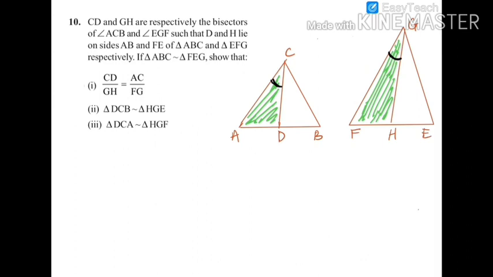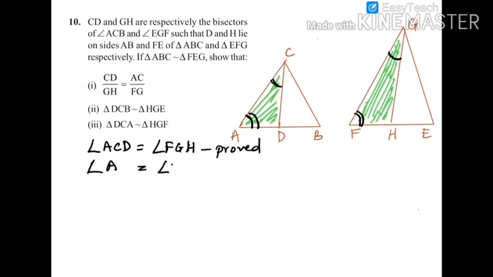Also, since triangle ABC is similar to triangle FEG, angle A will be equal to angle F. So now we can say these two triangles are similar by angle. Angle ACD equal to angle FGH, we have proved earlier.